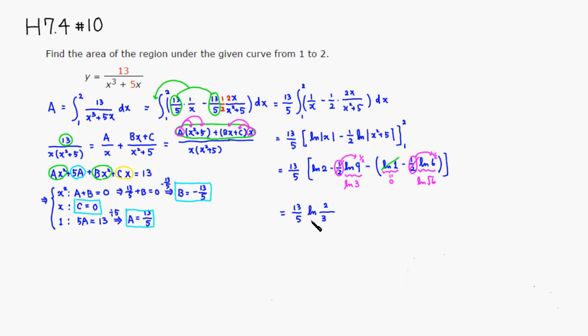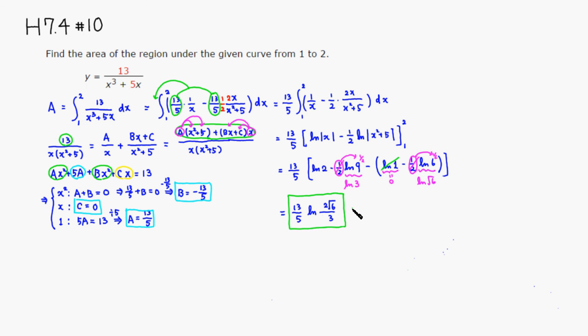Then you have negative minus, so the square root of 6 is going to be on top. Let me put it in the right place. So this is the area of the indicated region.